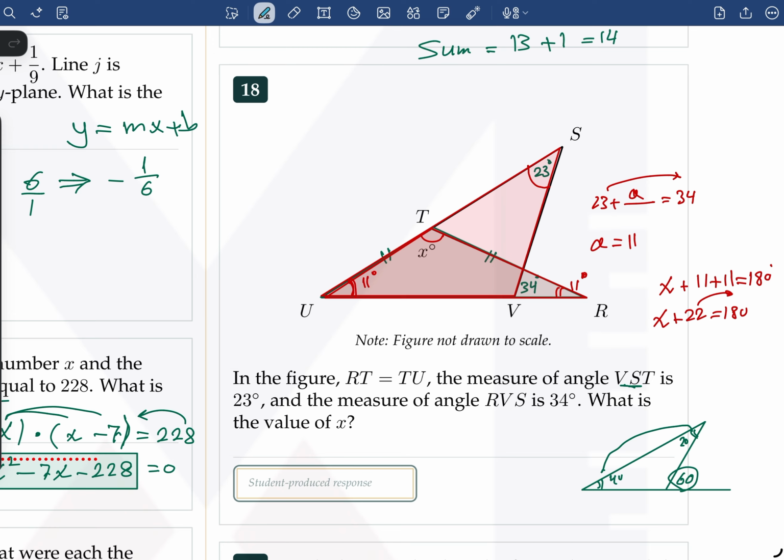We need to move the 22 to the other side. X is equal to 180 minus 22, which is equal to 158. And that's the value of x. That's the answer of this question, number 18.